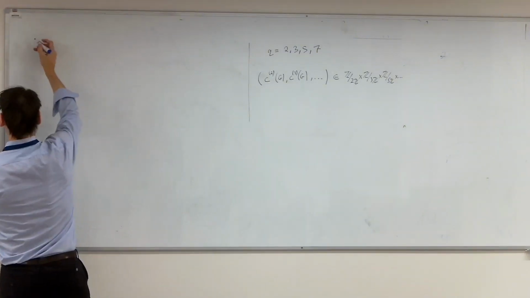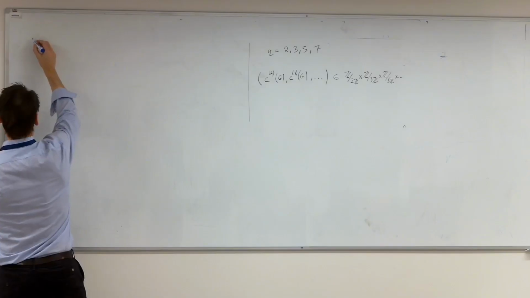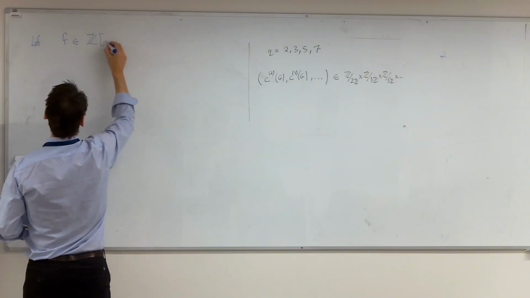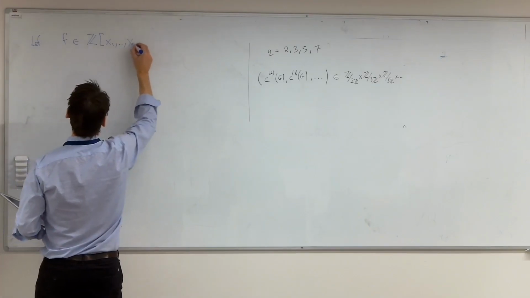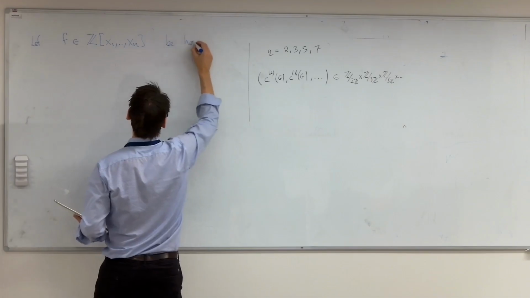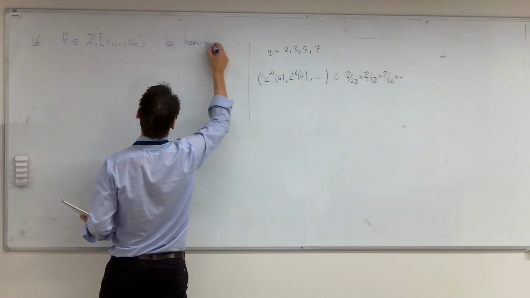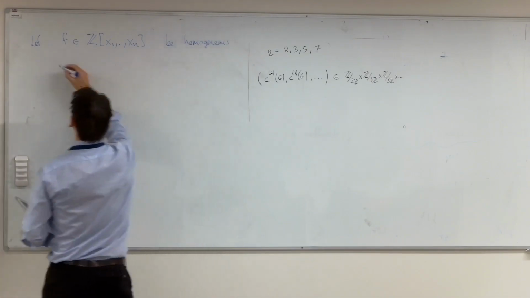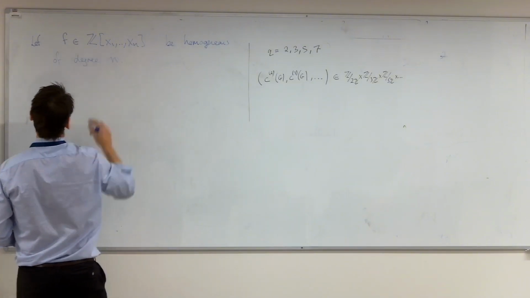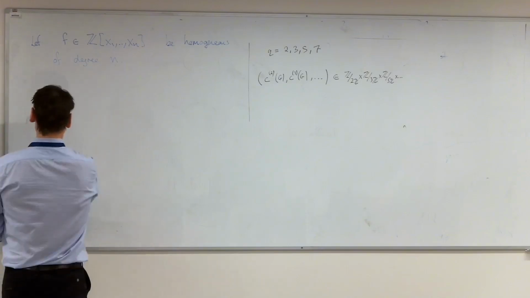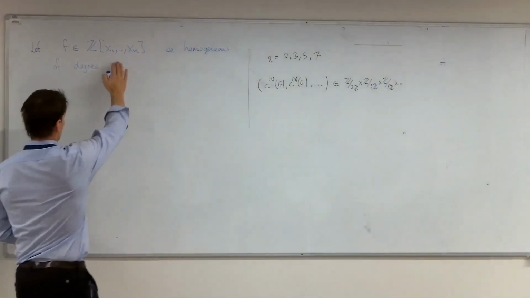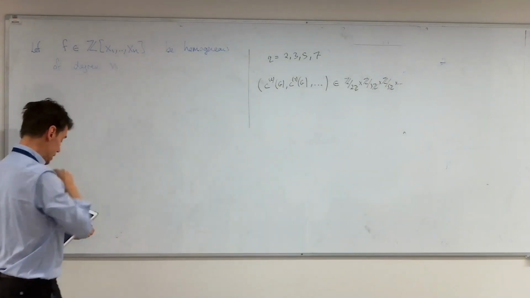So here's a theorem. Let f in Z[x1, ..., xn] be homogeneous. It doesn't have to be homogeneous. Of degree n. So it's a polynomial whose number of variables is equal to the degree.